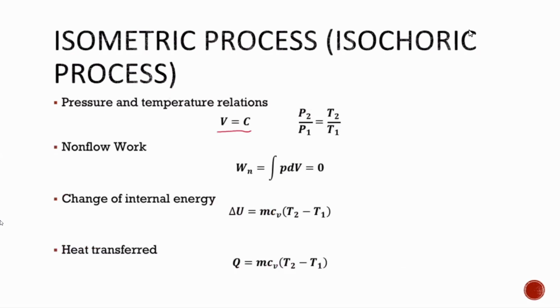When pressure increases, temperature also increases, or vice versa. They are directly proportional, P1 and T1. The initial pressure is P1, the final pressure is P2 in kilopascal or PSI, and for temperatures, the initial is T1 and the final is T2.